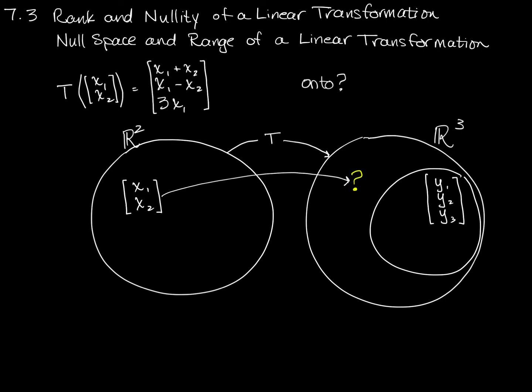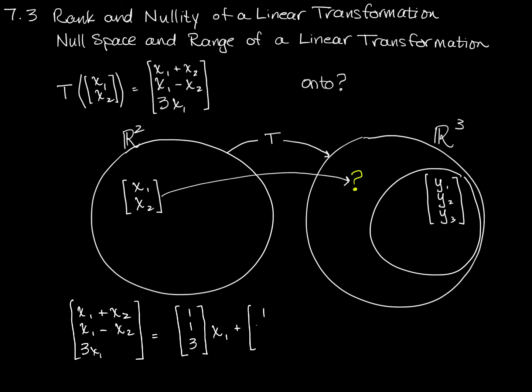Let's see if we can write this a different way. If I say x1 plus x2, x1 minus x2, 3x1 can be written as 1, 1, 3 times x1 plus 1, negative 1, 0 times x2, then clearly I can choose any value I want for x1 and x2, and that's going to give me the answer in the range.